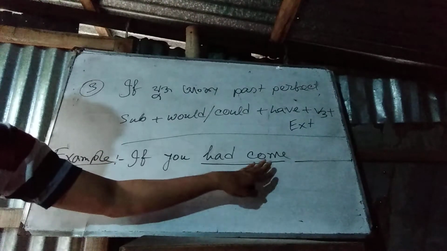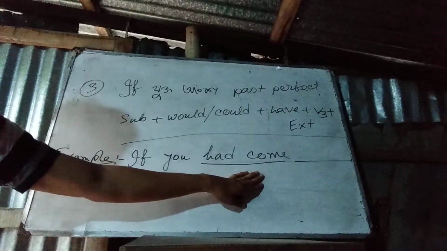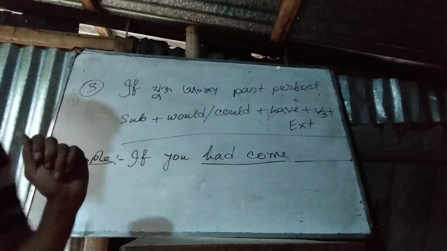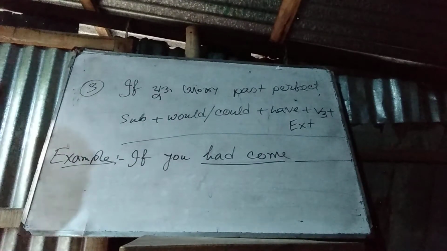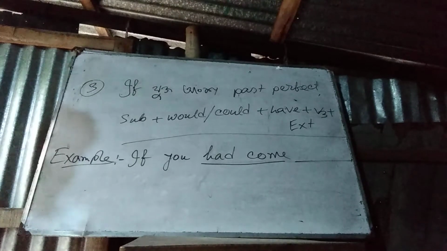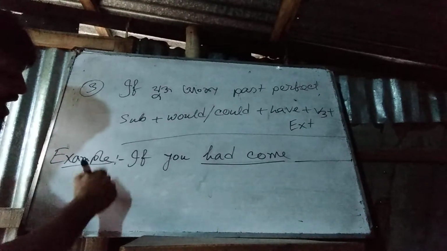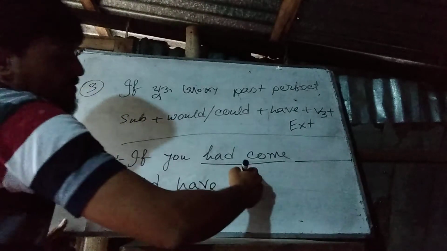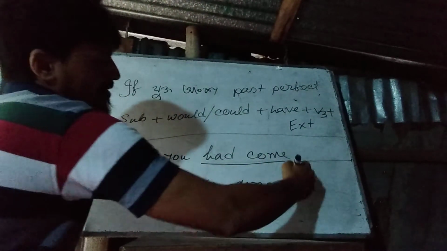So this is the third condition example, and you have to fill the gap with the structure subject plus would plus have plus V3 plus extension. So we can write here I would have gone there.